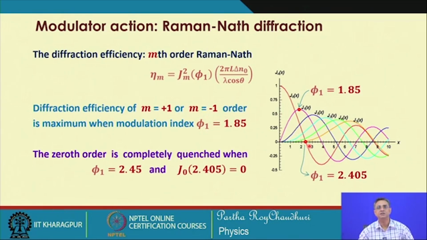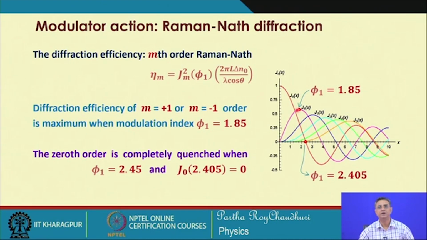You can see this is the Bessel function J1 which has a 0 crossing at this point, which corresponds to a value of phi 1, because in this axis it is phi 1 which represents this x. So, phi 1 equal to 2.4045 will represent the 0 crossing of the Bessel J0 function, which will correspond to the 0th order diffraction.